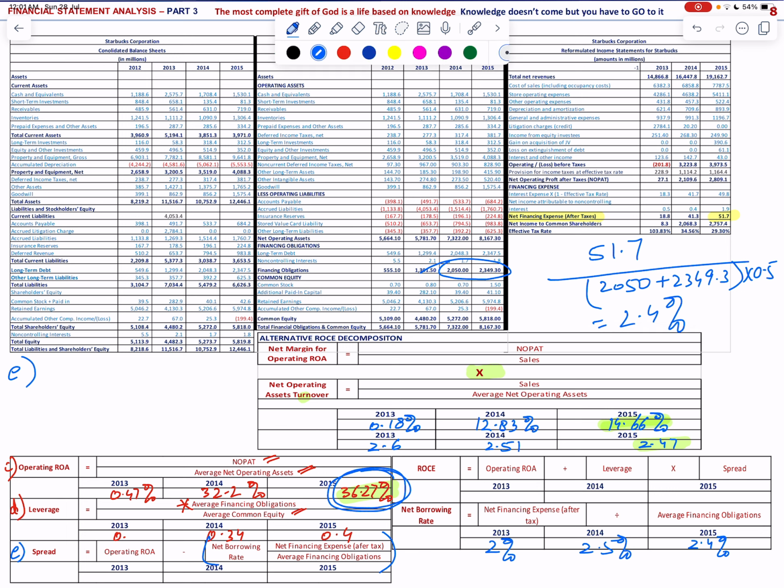Operating return on assets is what we have calculated just now, 36.27, that is NOPAT divided by average total financial obligations and common equity.